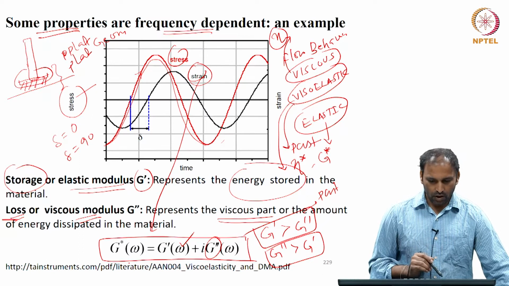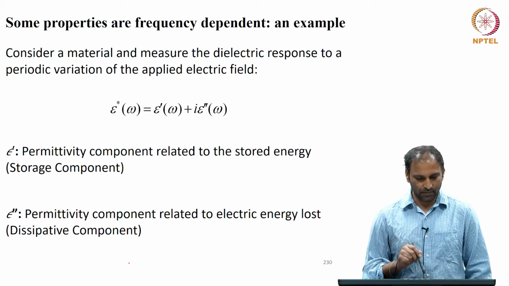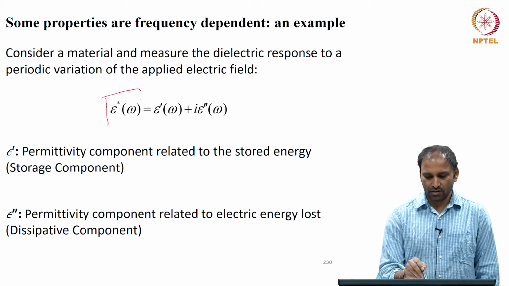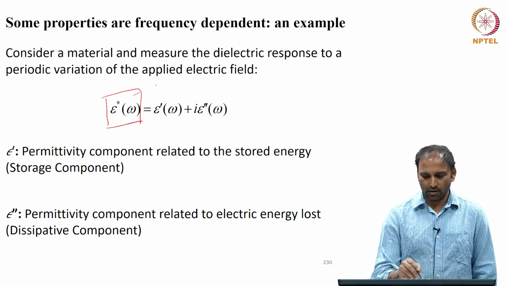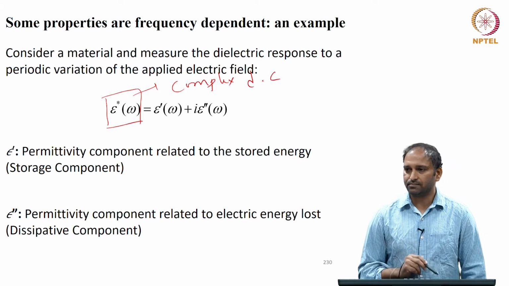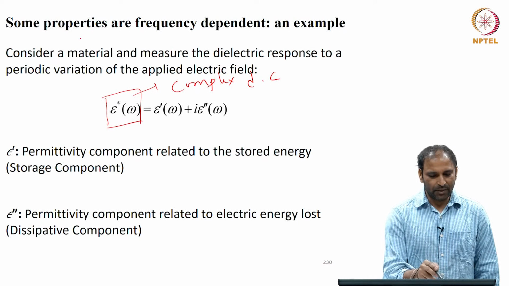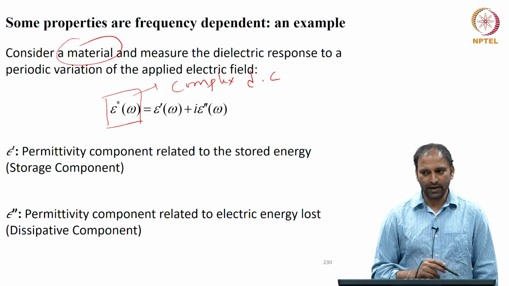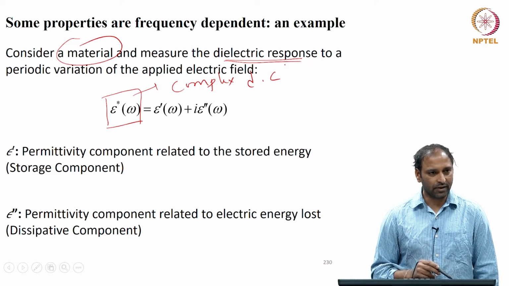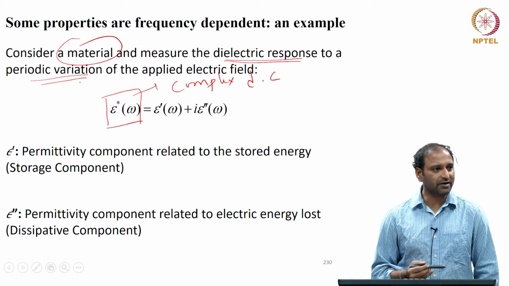Now, another property which would be of interest for this particular lecture is something called the complex dielectric constant, in which again you take a material of interest and measure the dielectric response to a periodic variation of the applied electric field.